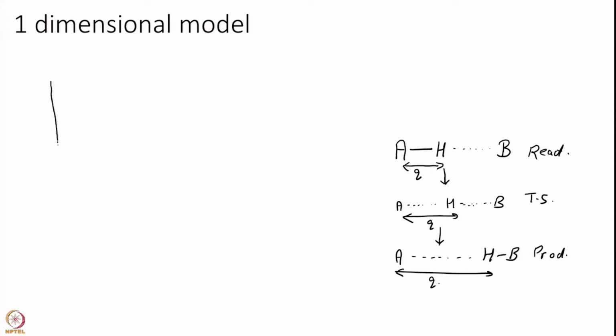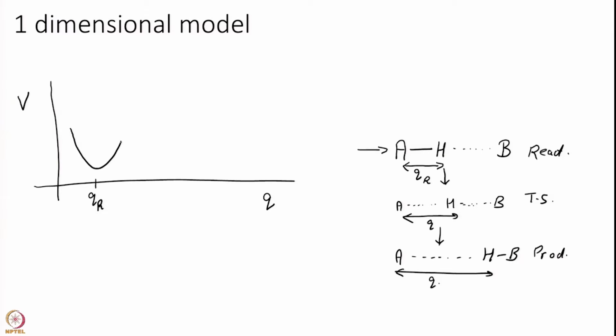So, if I let us say want to draw a potential energy with respect to this Q. Well, when Q is small, corresponding to this reactant distance, I will have some kind of a minima, which basically says that AH is forming a bond. So, whenever you have a bond, you have a minima in energy surface. The transition state distance, well, transition state by definition should have a maxima.